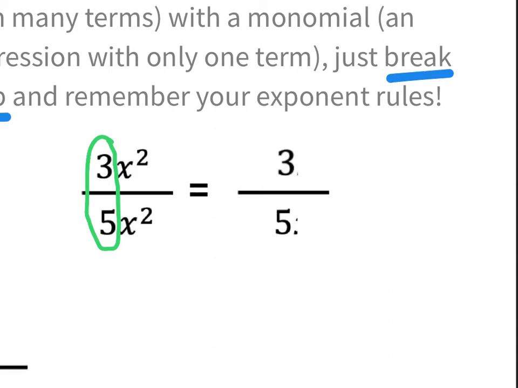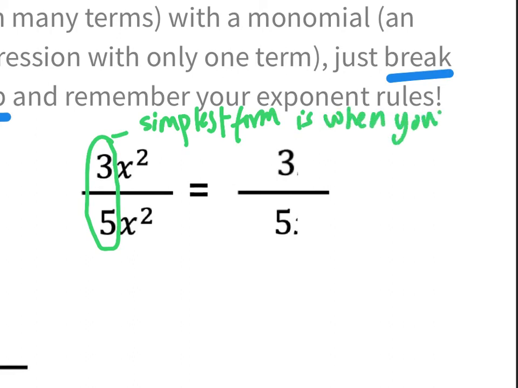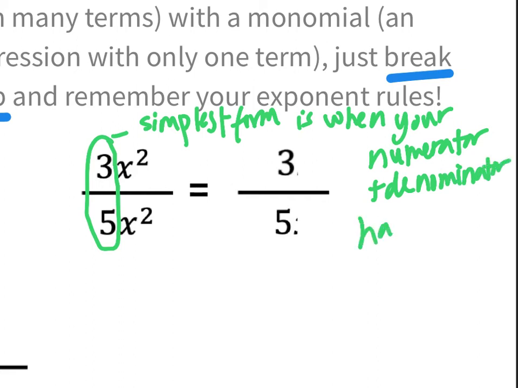The way that I know that this is in simplest form is when your numerator, so the number at the top of your fraction, and denominator, the number at the bottom of your fraction, have a GCF of 1. So the greatest common factor between 3 and 5 is going to be 1.